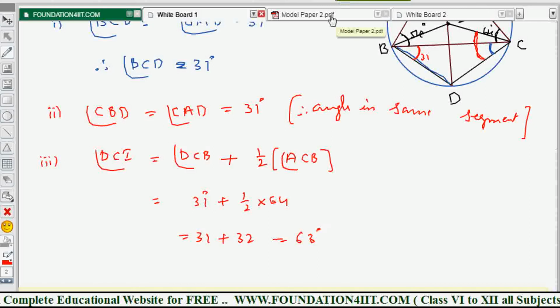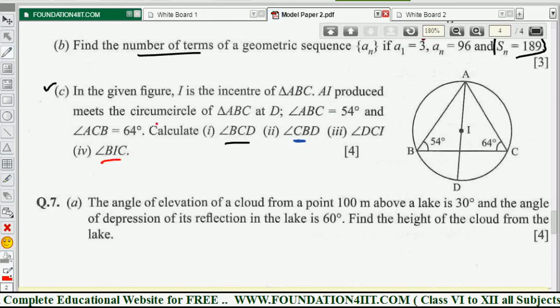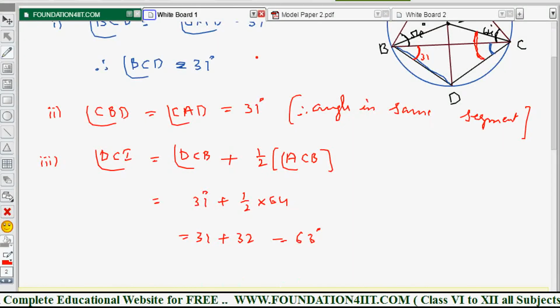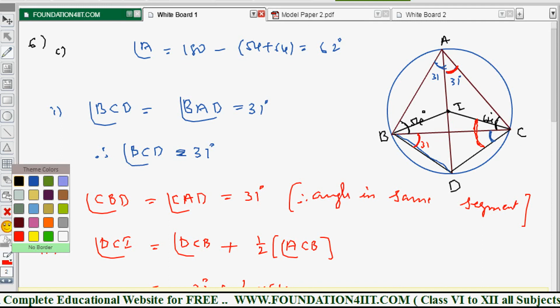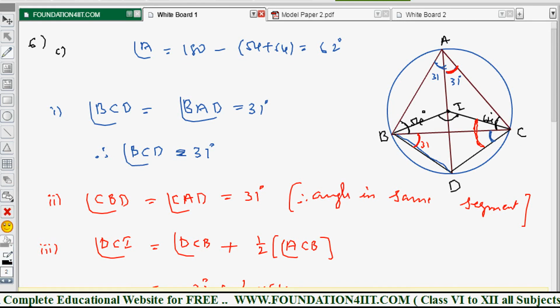Then similarly, the next one, angle BIC. See here, angle BIC is the middle center angle, this total angle we need to find out. I is the incenter.